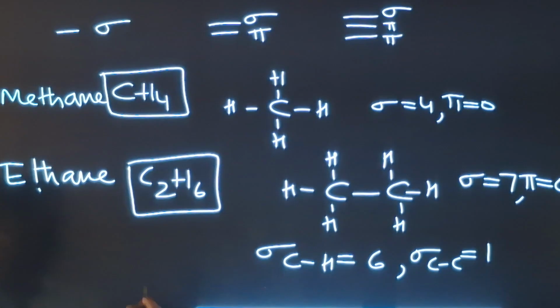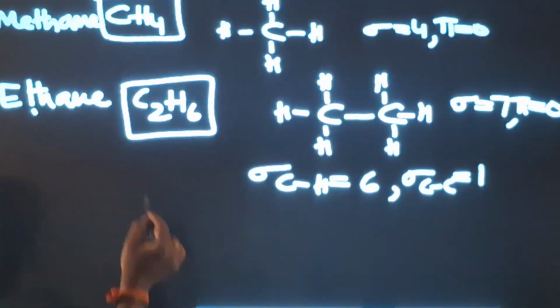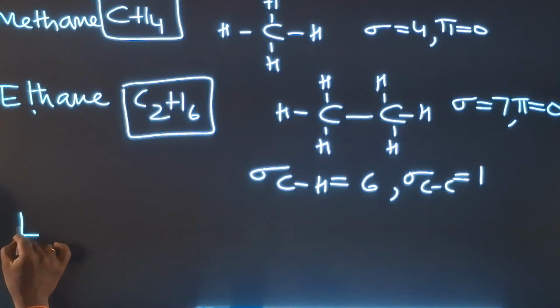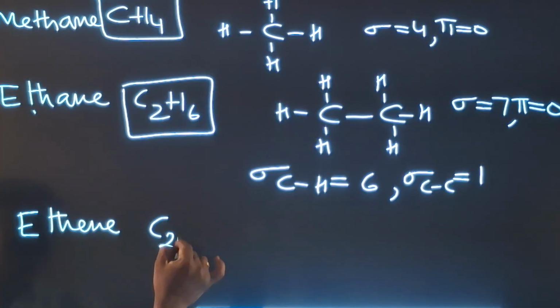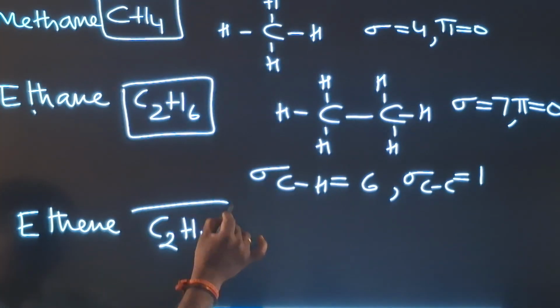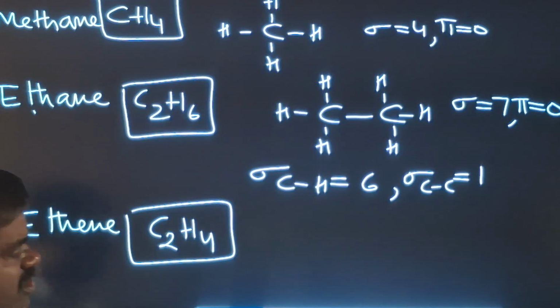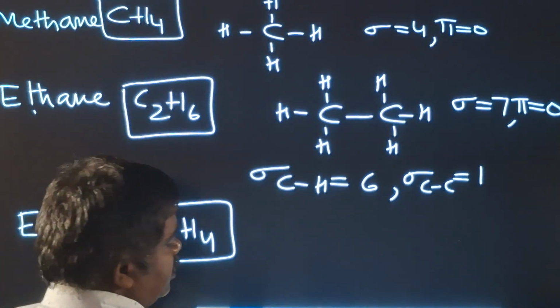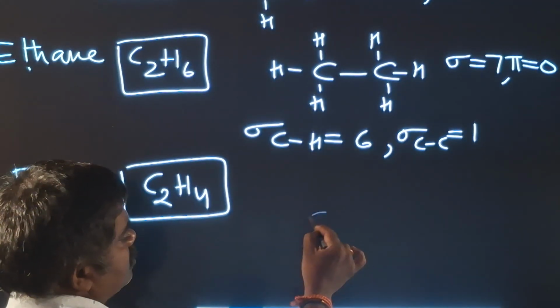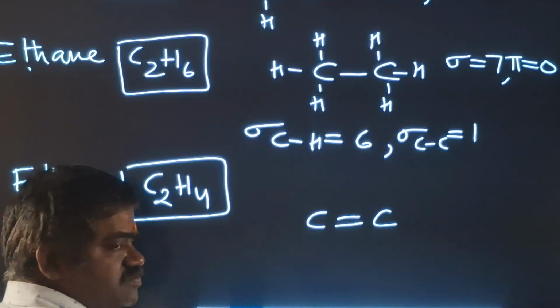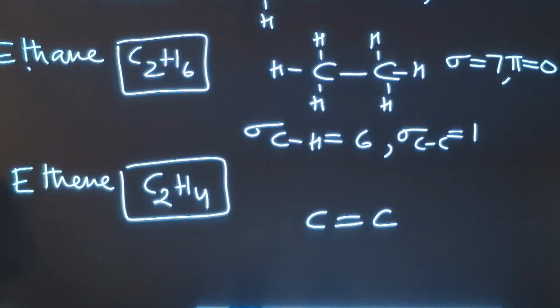Now take another example, ethene. Ethene means the formula C2H4. C2H4 is known as ethene. Ethene means at least one double bond is present between the two carbon atoms, so it is an alkene. Two carbons is eth, double bond is ene, so ethene.